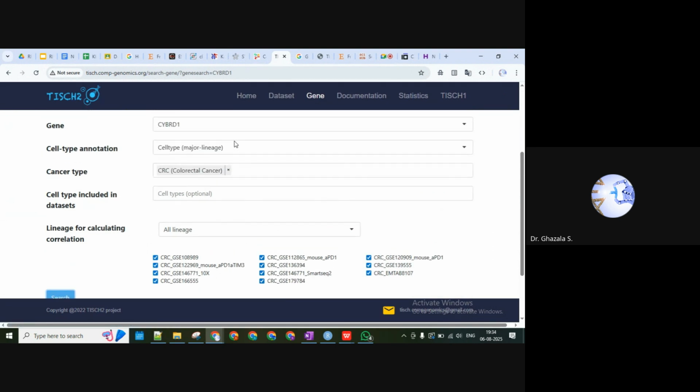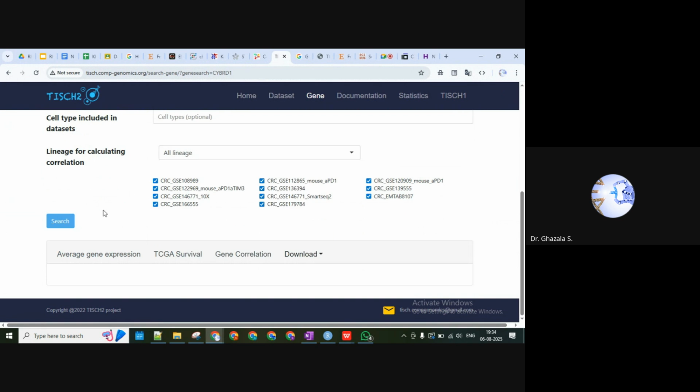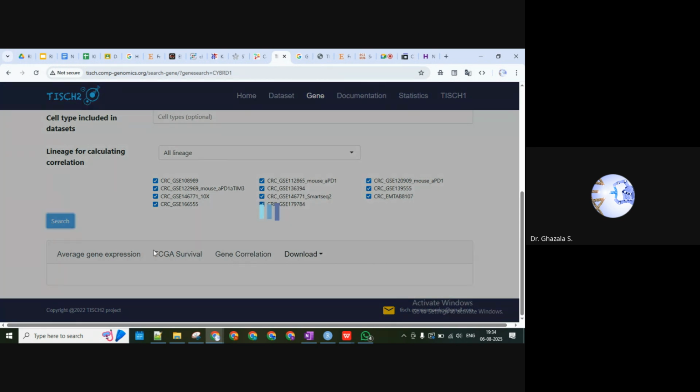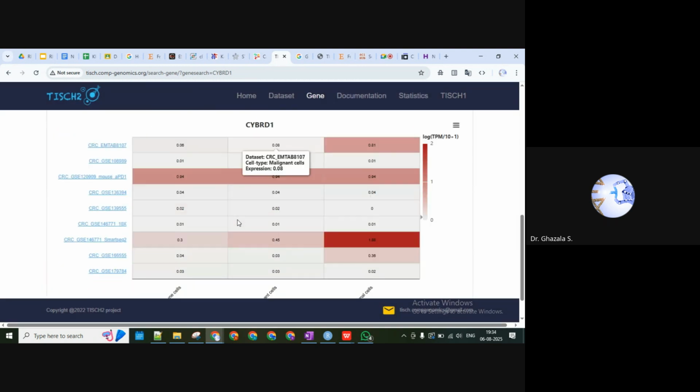Okay, so it means this data set is not uploaded or not updated for this particular gene. So we need to check other genes also. If you are getting results, it's fine. If not, then we will check other databases related to the tumor microenvironment, so that it can map our gene to the specific cell types where they are active.